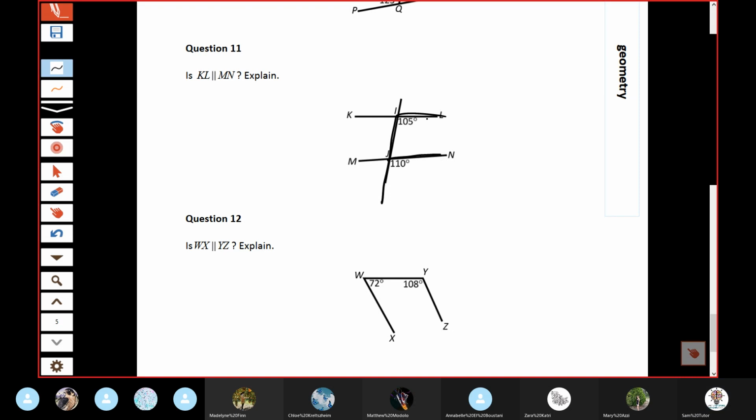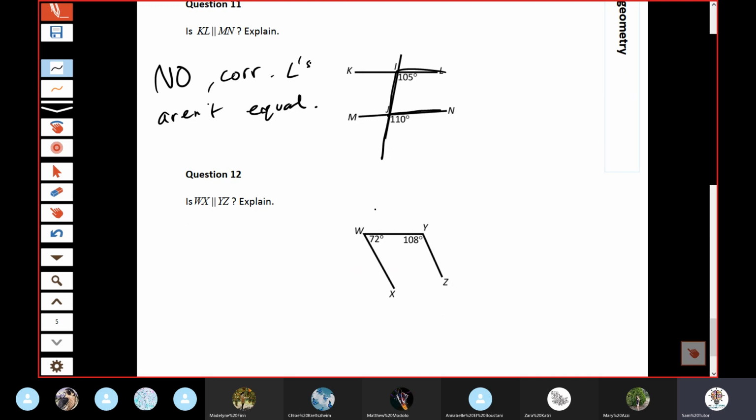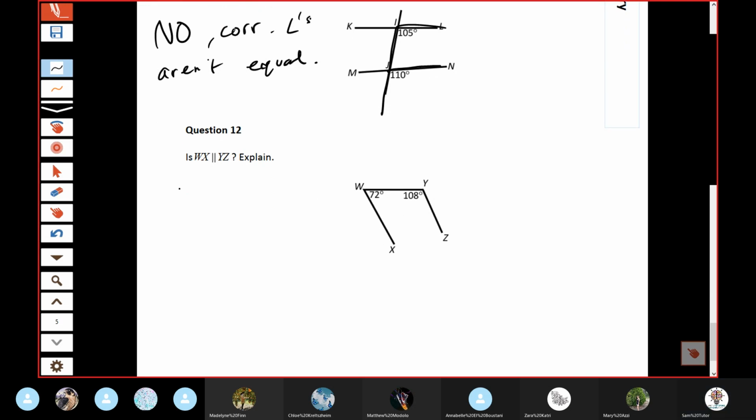No, because the corresponding angles aren't equal, but they should be if they were parallel. And then is WX parallel to YZ? Again, it doesn't look like it, but yes.